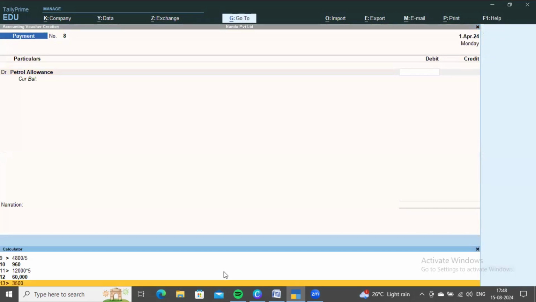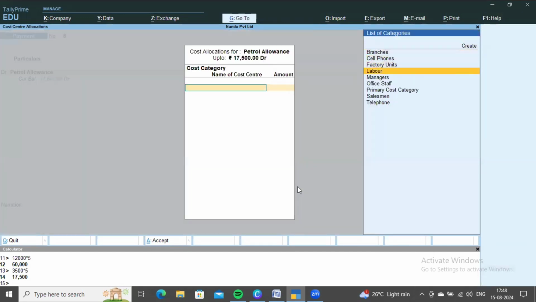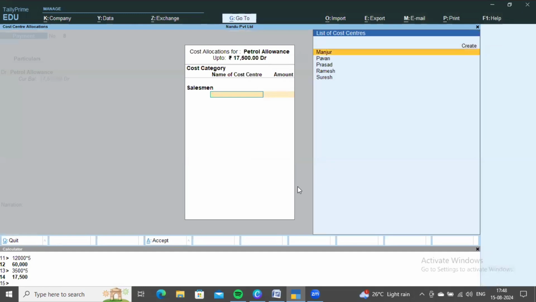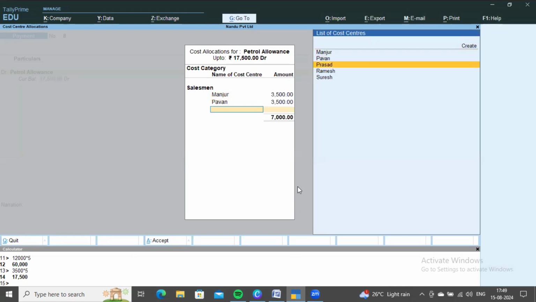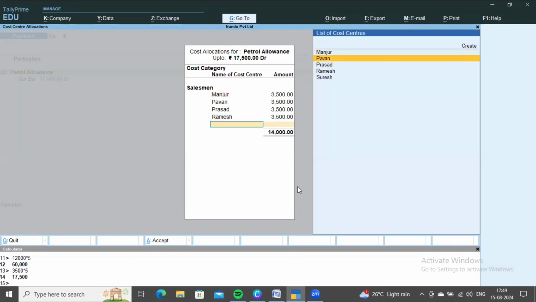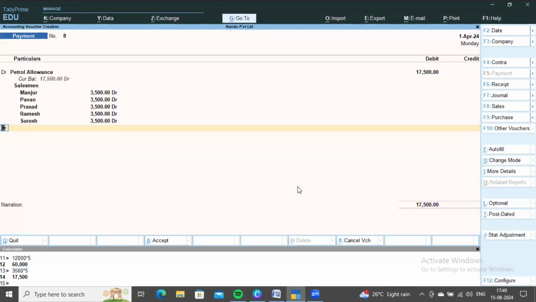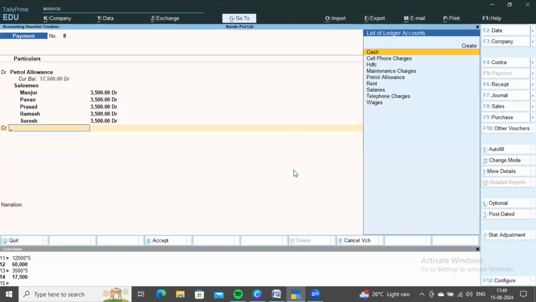So 3,500 into 5, total 17,500. Here select salesman and assign 3,500 to each member. Like this. And credit, yes, you are making payment through cash. Credit cash.